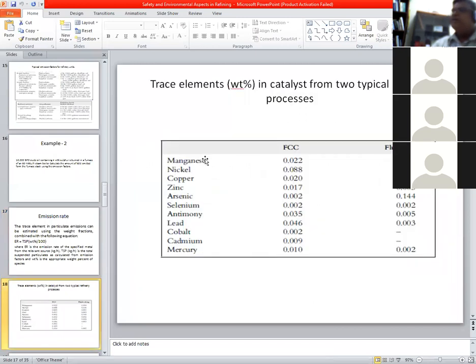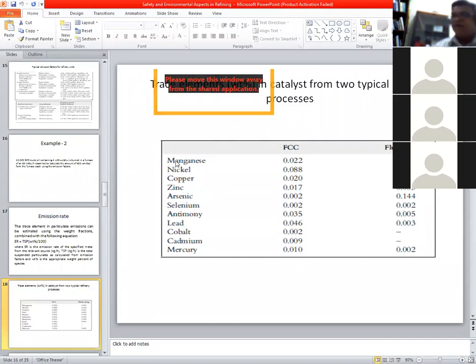Normally here two things are given, trace elements and, see here, already given in weight percentage. Here one is FCC. FCC stands for fluidized catalytic cracking. Another one is fluid coking. So here are some trace elements given: nickel, manganese. These are the values.